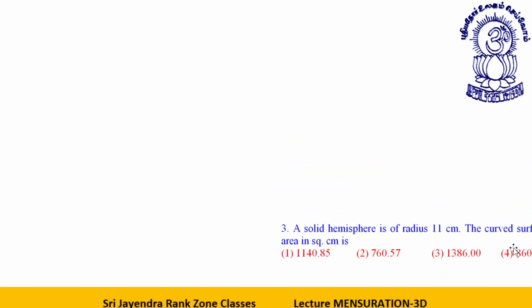A solid hemisphere is of radius 11 centimeter. For a hemisphere, the curved surface area, what will it be?